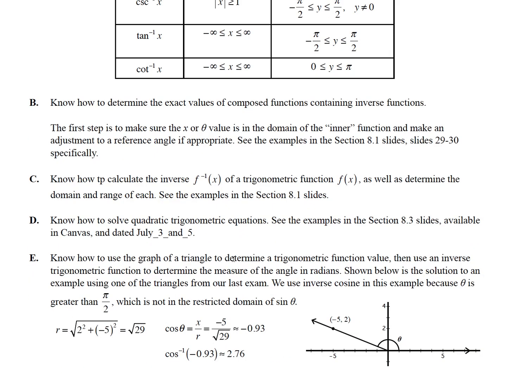Now, the next topic is to know how to solve trigonometric equations. There are examples in the 8.3 slides. And remember that we would express all trigonometric functions in the equation as the same type. And we had an example, I think, where we had cotangent squared on one side of the equation and tangent on the other.